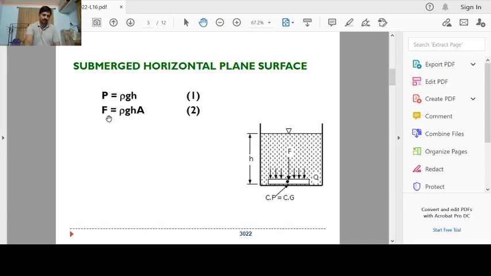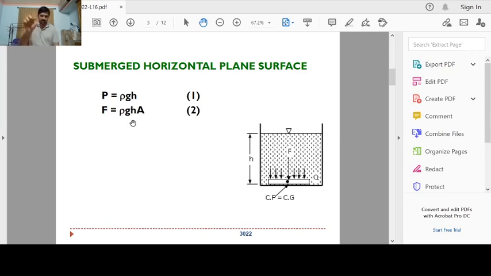So this F given by this equation is the total pressure. You studied what is total pressure and what is center of pressure, right? Total pressure is the force exerted by the fluid or liquid on the plane surface.